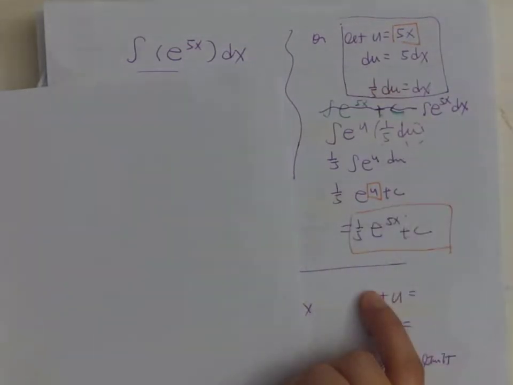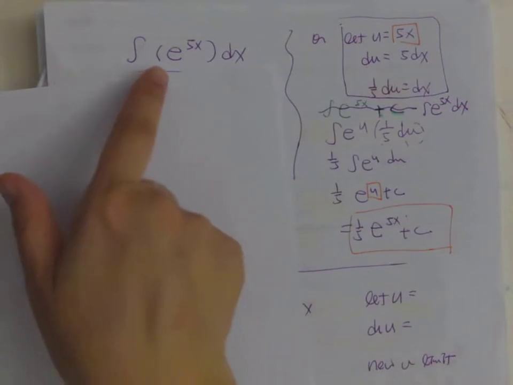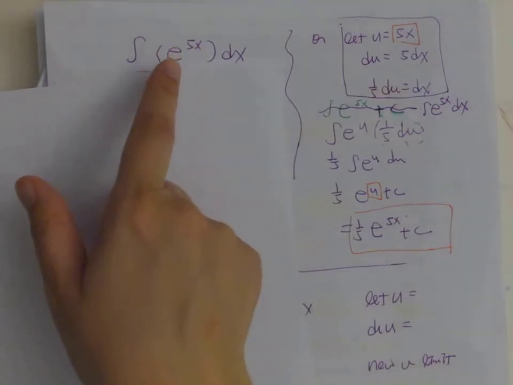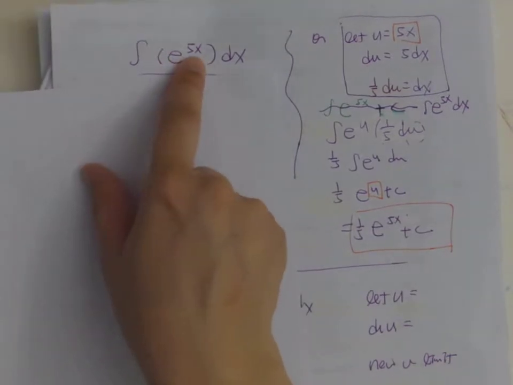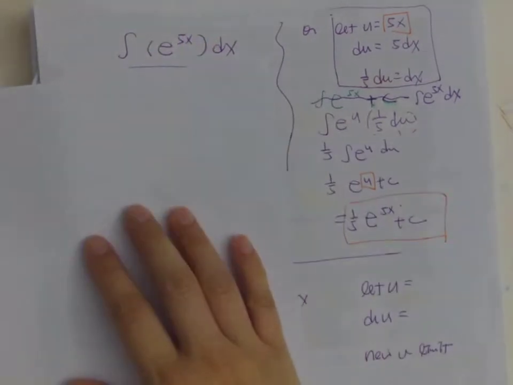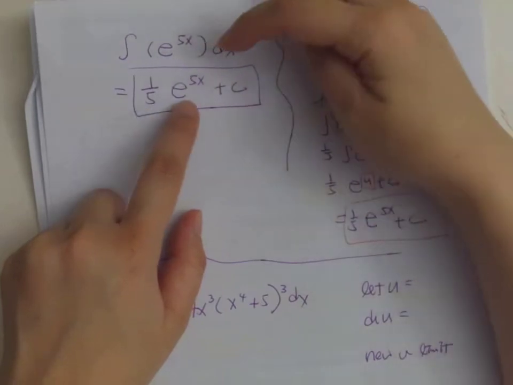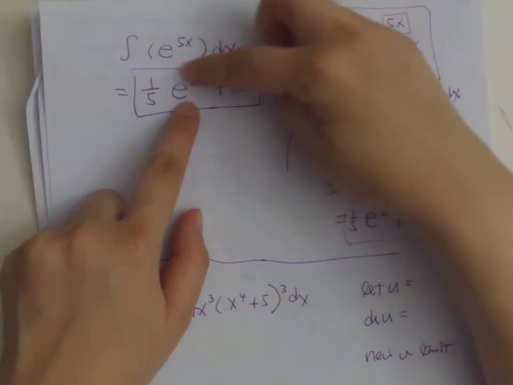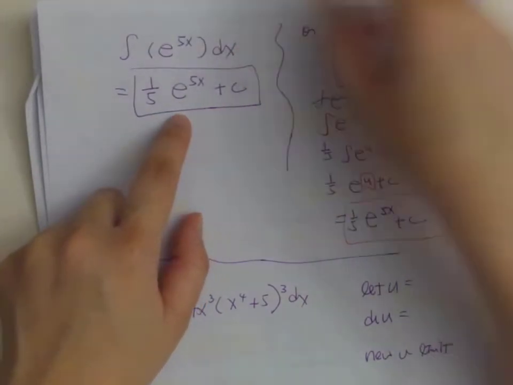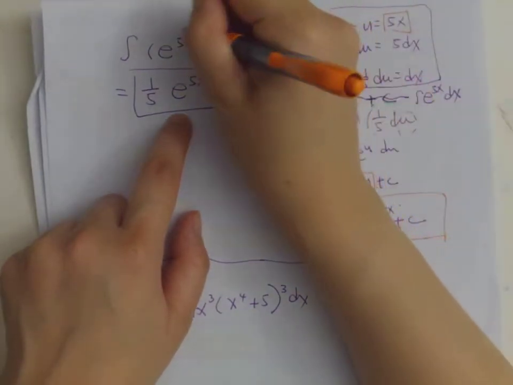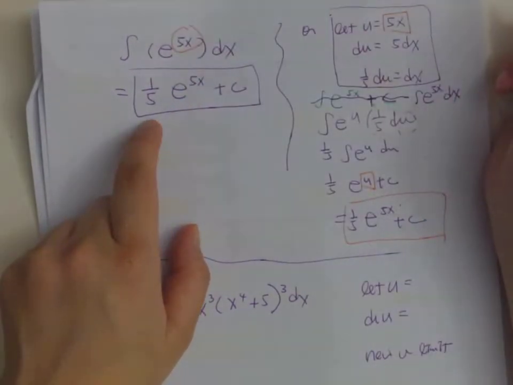But the shortcut, which works for all e to some power, is that if this is a function like 5x, then you can do 1 over 5, and then this would be just e to the 5x plus c. So if it's a simple function like this, you can do the shortcut like that.